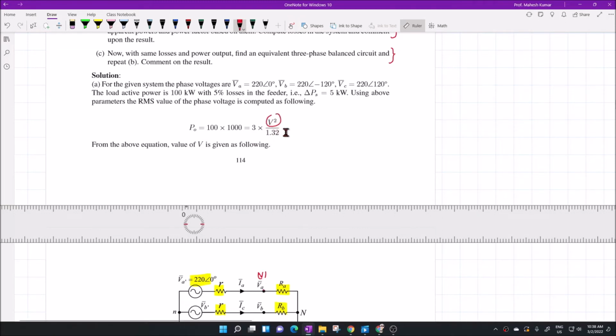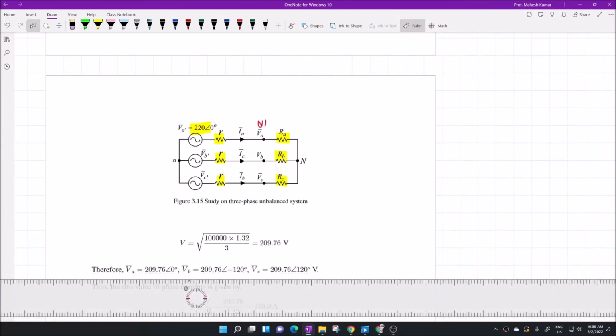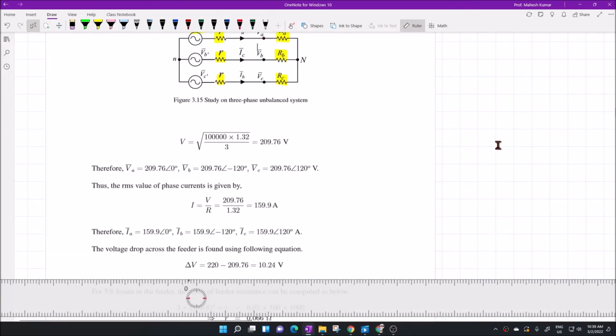If you solve this, then we will get this voltage as 209.76 volt. So VA is this much, VB is this much, VC is this much.